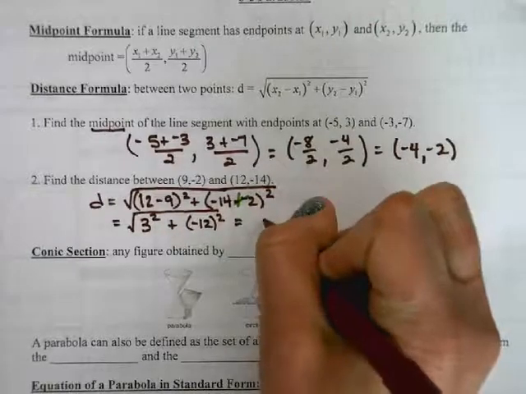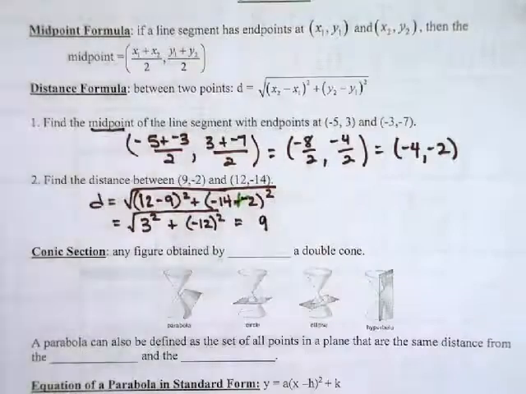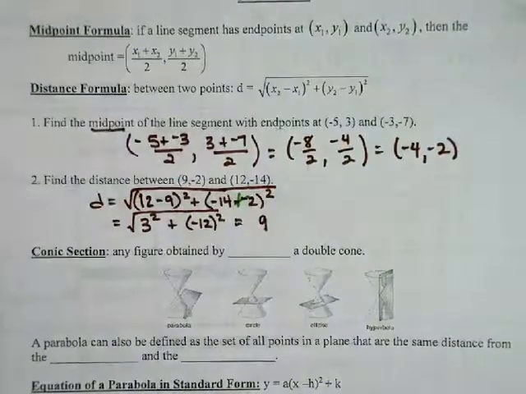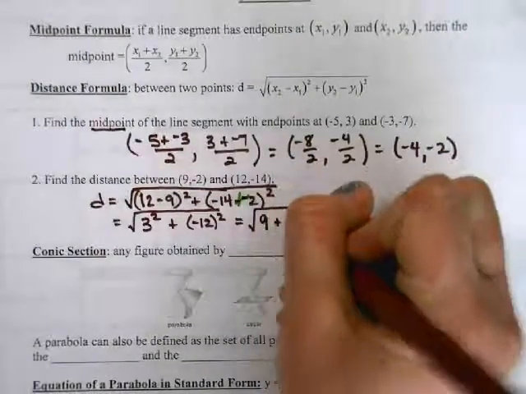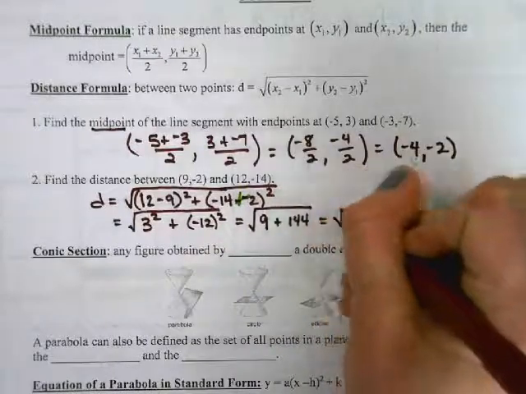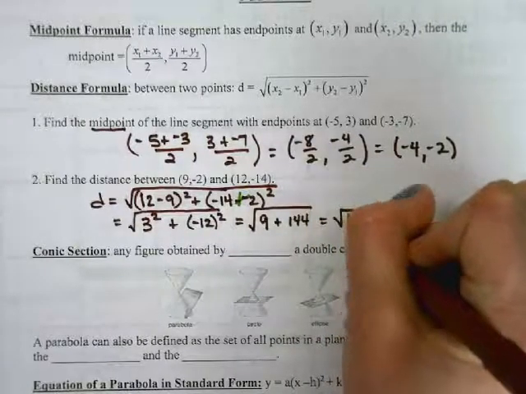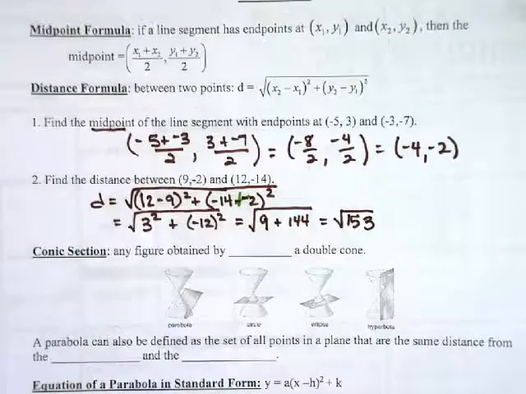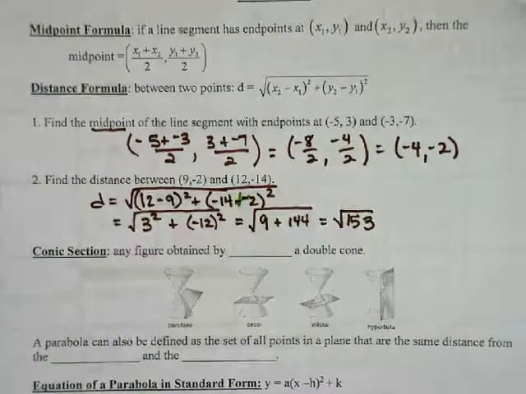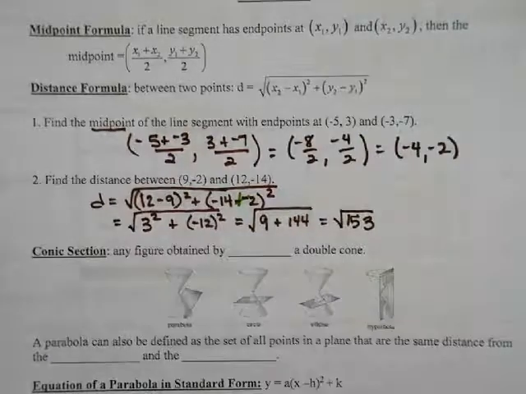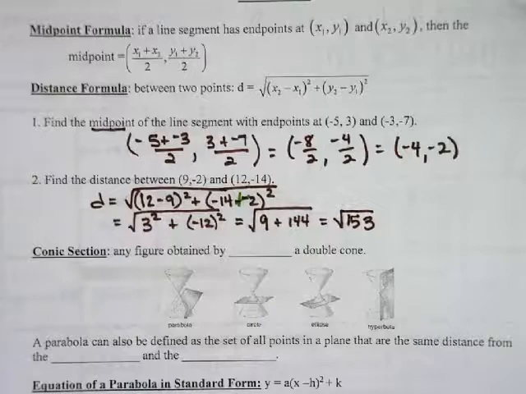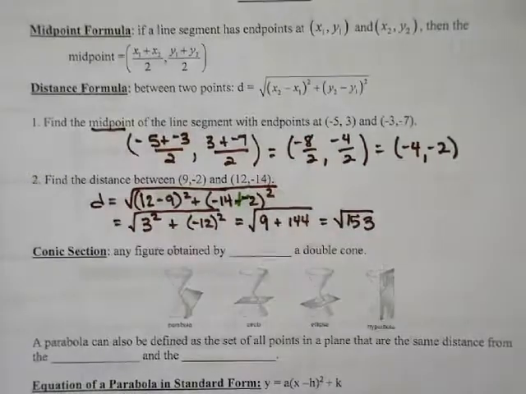So 3 squared is 9. -12 squared is 144. Square root of 153. And let's leave it right like that. Don't turn them into a decimal. Sometimes we have to use that, and so it's easier if we leave it in radical form.